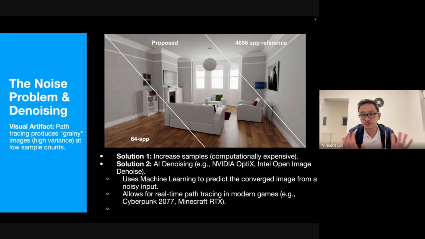It looks very, very nice. But again, denoising technology is not really perfect yet. But this is the way graphics people think: if we can fake it, just fake it until we make it.